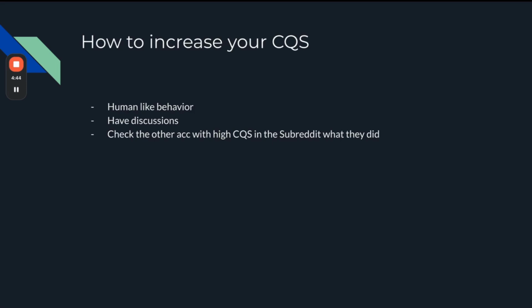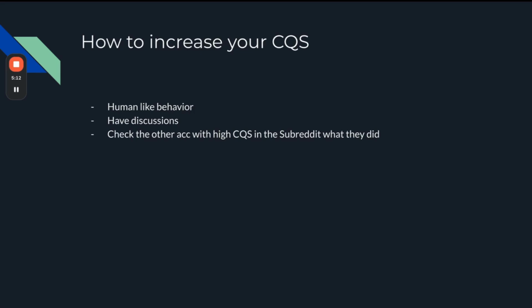If we have a low or lowest CQS right now, we need to change something to the way they are doing it. So what I often do, if I have problems with my CQS, is I check those accounts, see what they're doing differently to my account, and then I implement those things into my account, and this will at the end of the day also increase the CQS of my account.